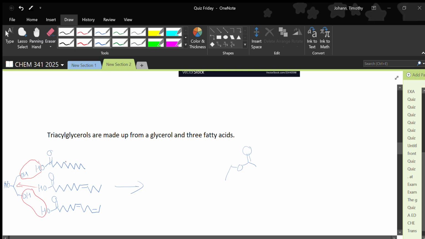2, 4, 6, 8, 10, 12. So we're making a bond here, and it doesn't involve a nitrogen now. It's not an amide, right? That's what we saw before, what we've been looking at for a long time. 2, 4, 6, 8.